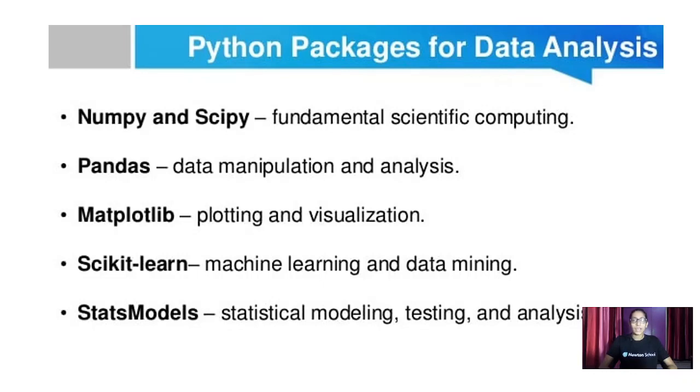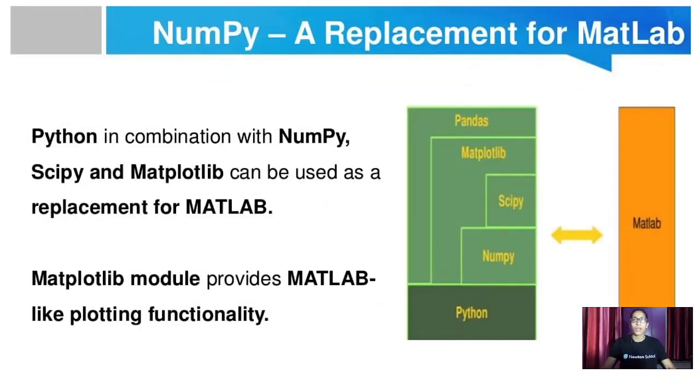Scikit-learn is used for machine learning and data mining. Statsmodels is used for statistical modeling, testing and analysis. As I already told you in the previous tutorial, and today also, NumPy has replaced MATLAB because Python is a combination of NumPy, SciPy and Matplotlib.